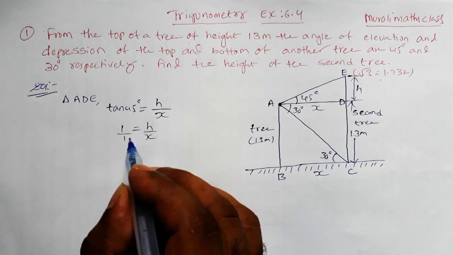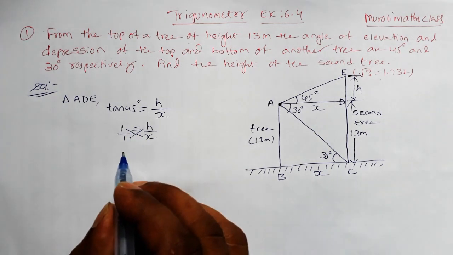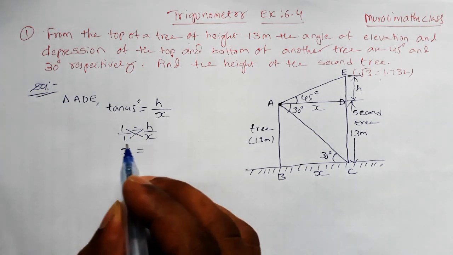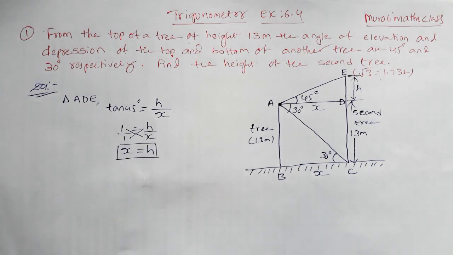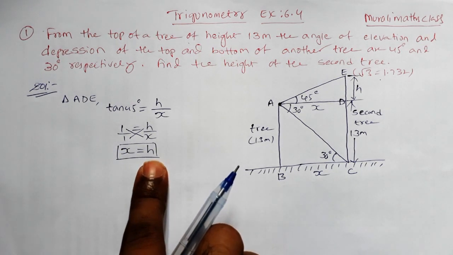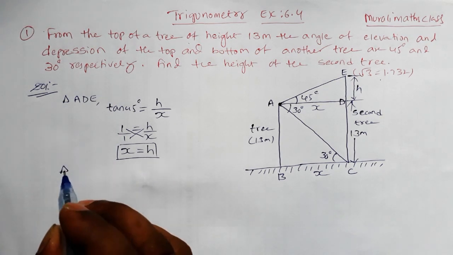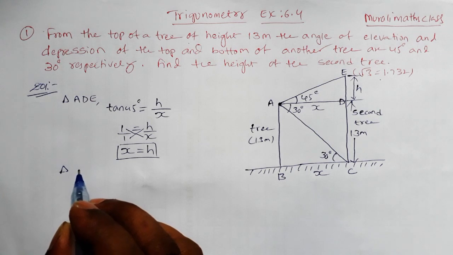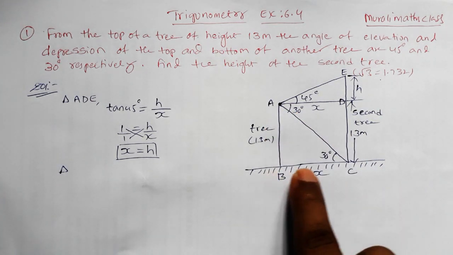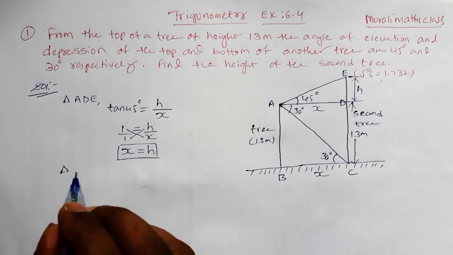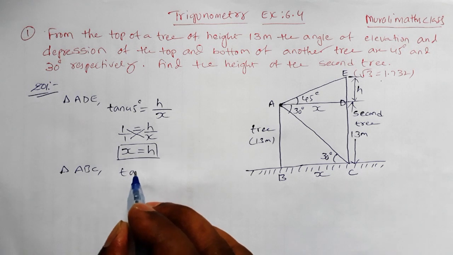Do cross multiplication. X into 1 is X, 1 into H is H. So one relation we got now. Now we will take the second triangle, triangle ABC. Tan 30 we can apply.